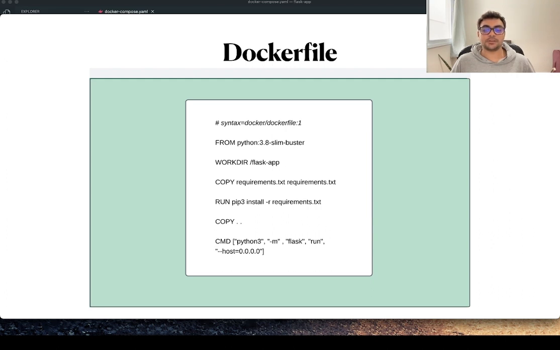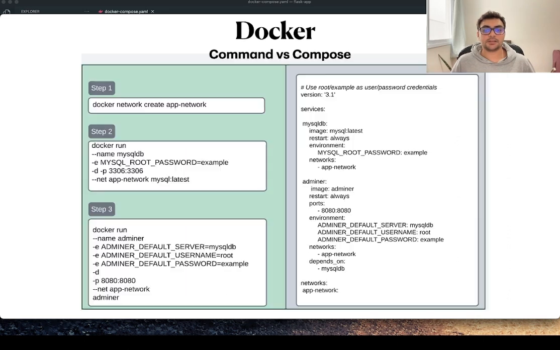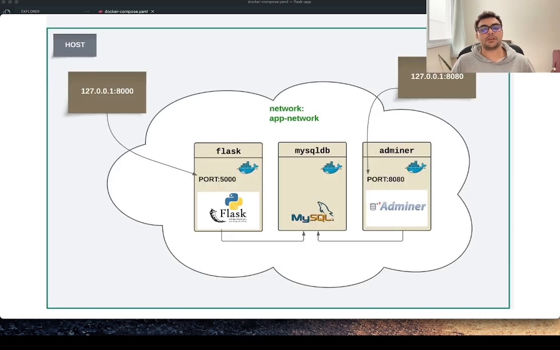We're gonna create this Flask application in the next class. So let's go back here, and what you can see is that for today we were able to create the MySQL DB container and the adminer container and connect these two containers. The next thing that we're gonna do is create the Flask application, and to create the Flask container we're gonna use that Dockerfile to create the image of our Flask application.